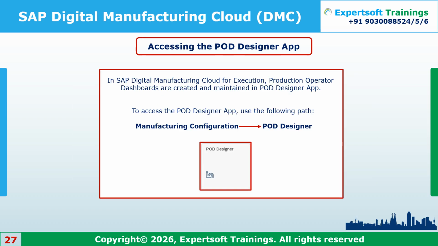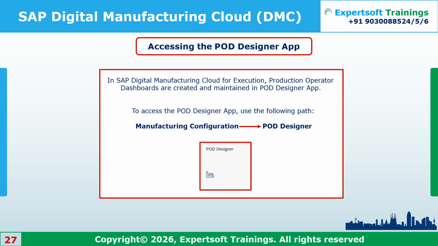Okay, so accessing the Pod Designer app. As I mentioned, the pod is nothing but the UI, or the dashboard, that is how we want to see this stuff. So we have this app called Pod Designer.